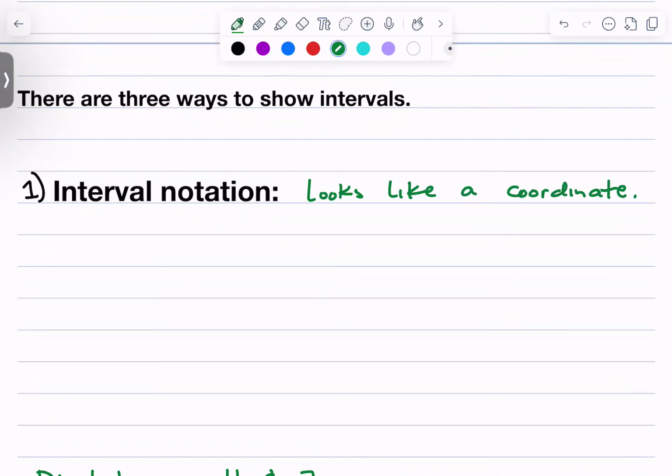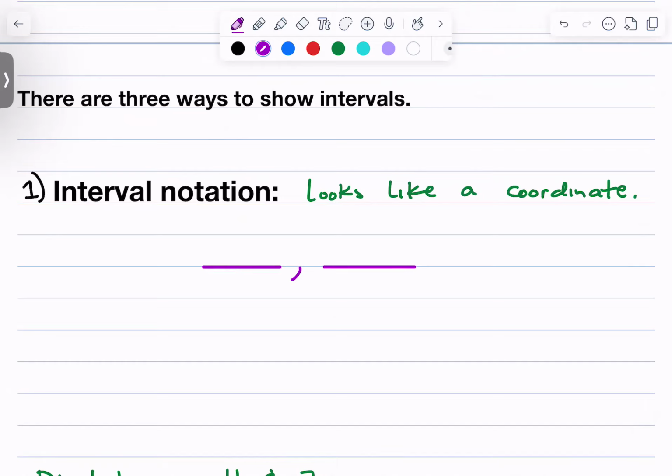Okay, just like if I had a coordinate on the xy chart, 6 comma 1, you guys would know what that coordinate is, right? How to graph it. So it looks like a coordinate. So you have 2 numbers, right? I'm going to put blank, comma, blank, just like a coordinate.